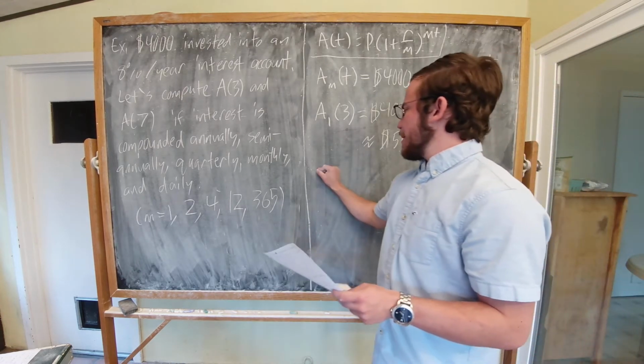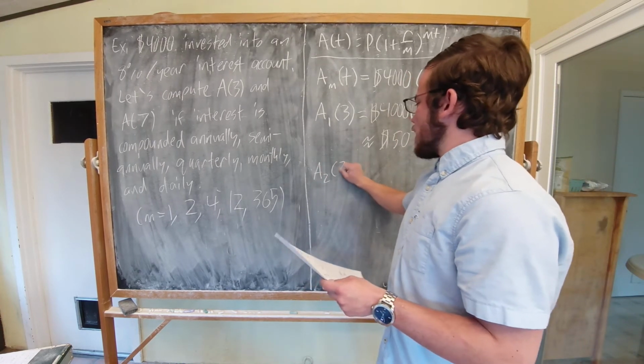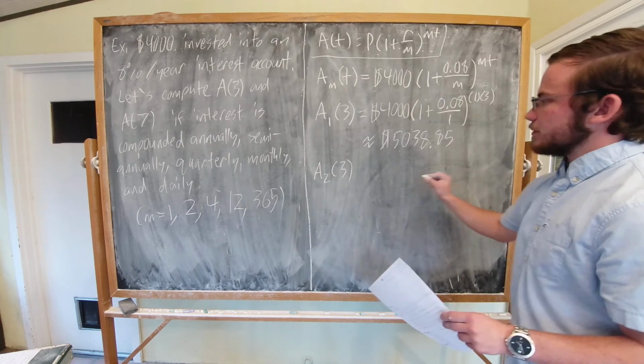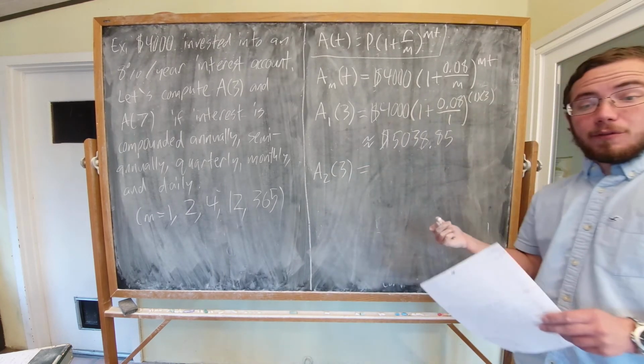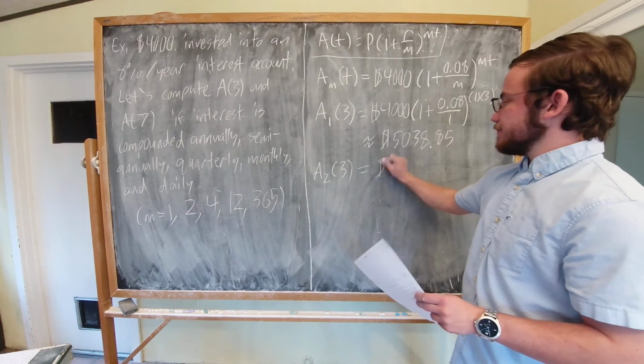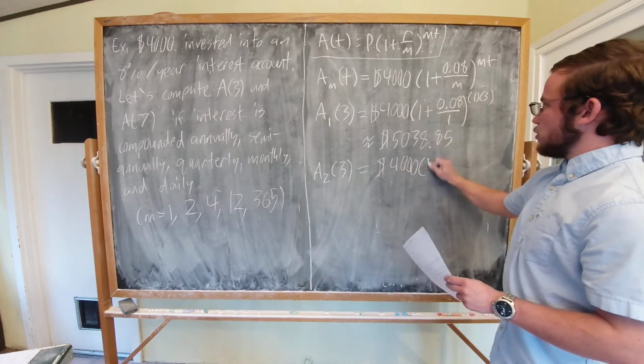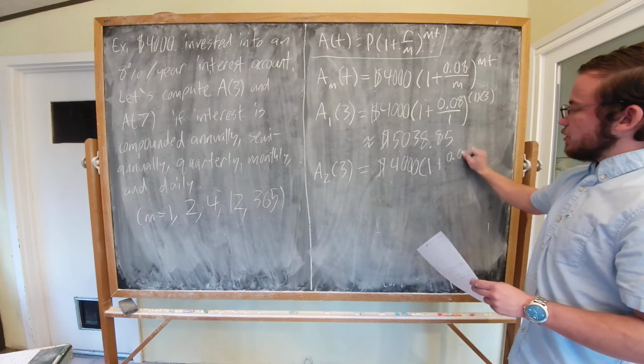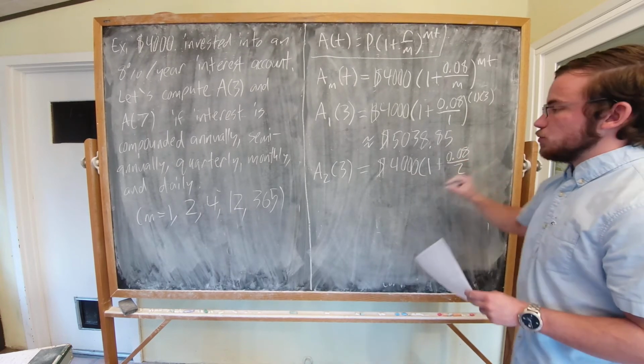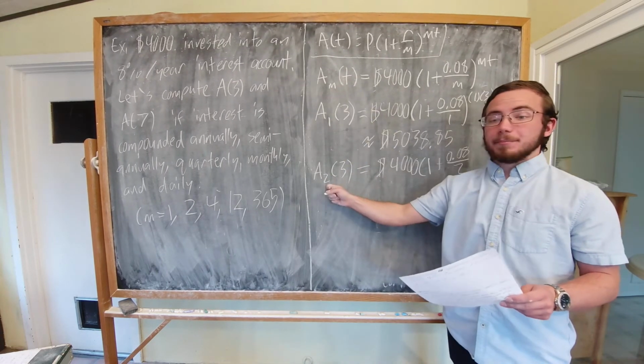Okay, how about a sub 2 of 3? Well then, a sub 2 of 3 would be $4,000 times (1 plus 0.08 divided by 2) to the 2 times 3. Now we're working with m being 2.